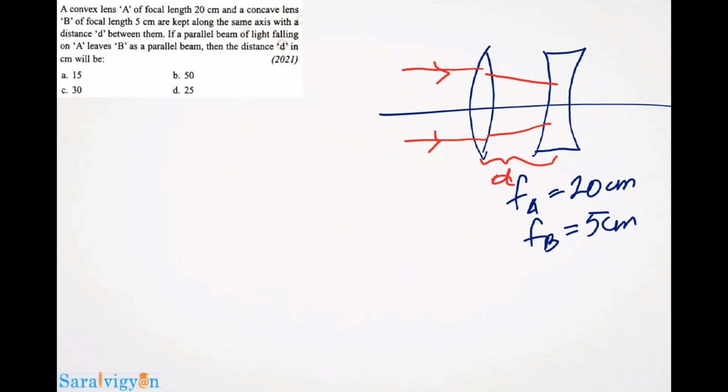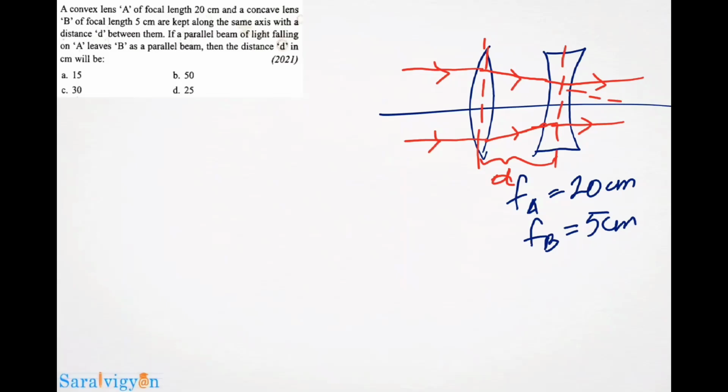But here we have a converging beam, and in the question it is given that the beam then travels after B as a parallel beam. There is only one case for which a concave lens lets out a parallel beam. It is when the beam comes from the focus or appears to come from the focus.